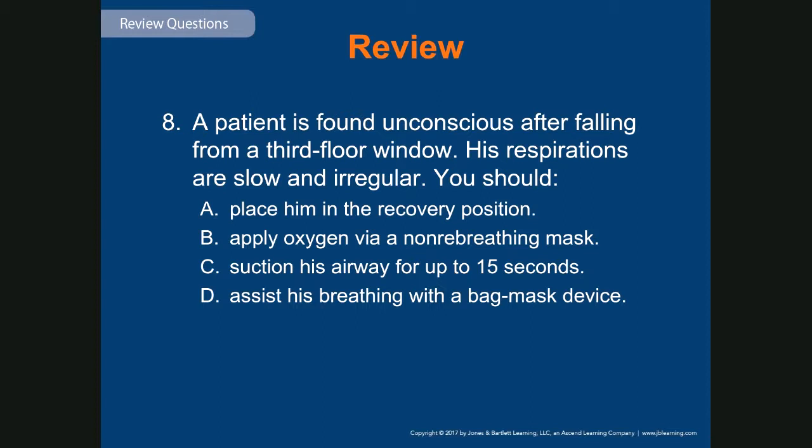Why are you going with D? All right, so his respirations are slower than regular. So I believe using the bag mask device to assist him with the breathing would be as a result of the fall that he had from such a height. All right, you overthink it, right?